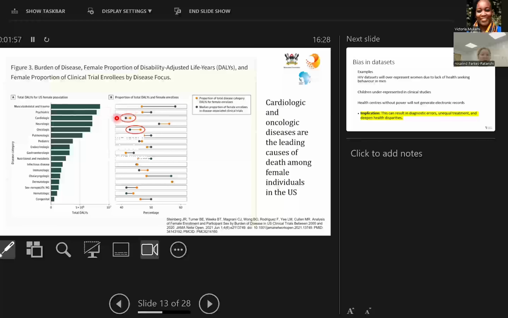So women are disproportionately affected by heart problems in the States, but they're also very lowly recruited onto studies. So generally, if this is 50%, we are recruiting less women than men onto studies. But it's really striking that in some conditions, we are recruiting less women than men, yet women have more.